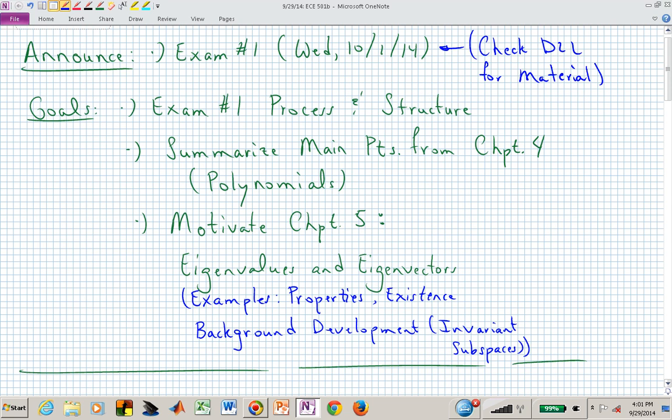Today we'll just try to motivate that, or talk about eigenvalues and eigenvectors and what that may mean as far as the existence of eigenvalues. That really is going to depend on the fields over which we are allowing these matrices to have scalars or to contain elements in.